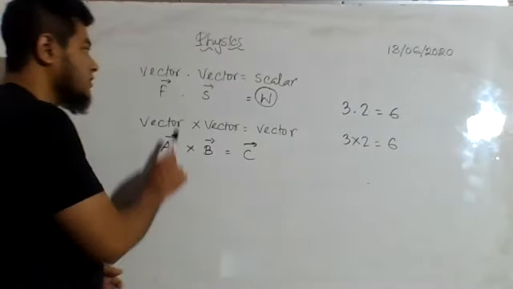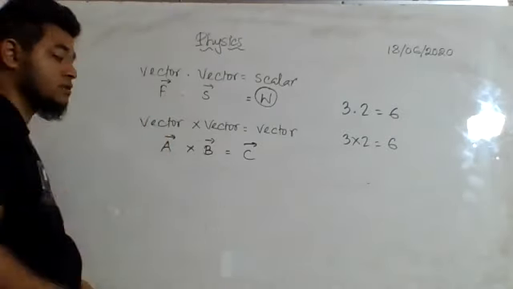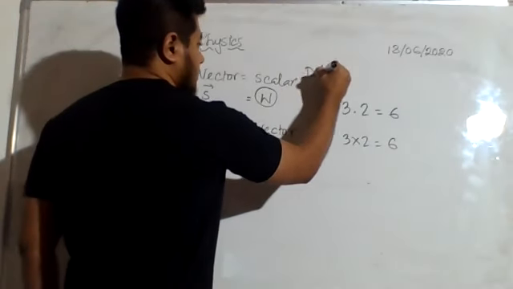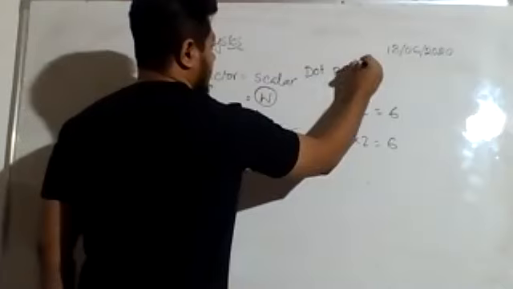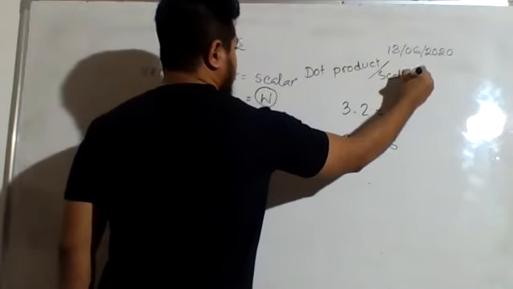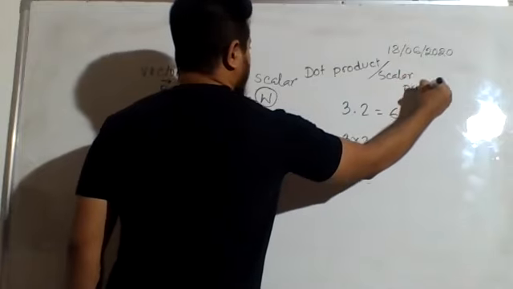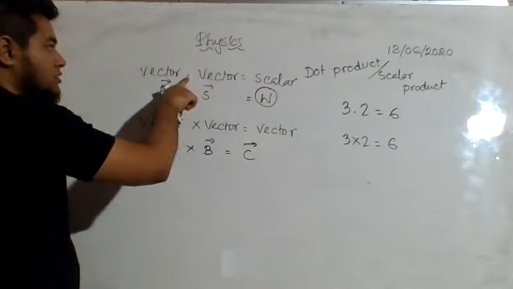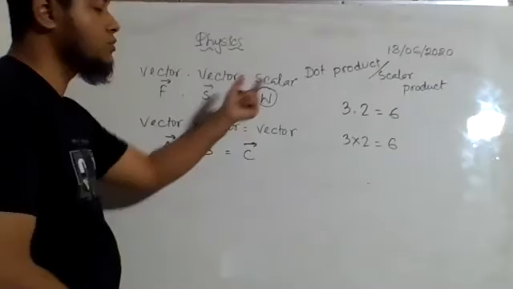Whenever you put a dot between two vectors, it is called a dot product, or we can say a scalar product. When there is this dot between the two vectors, the output is going to be a scalar.